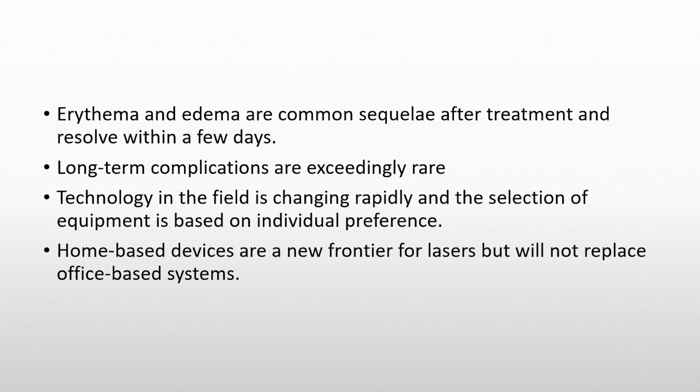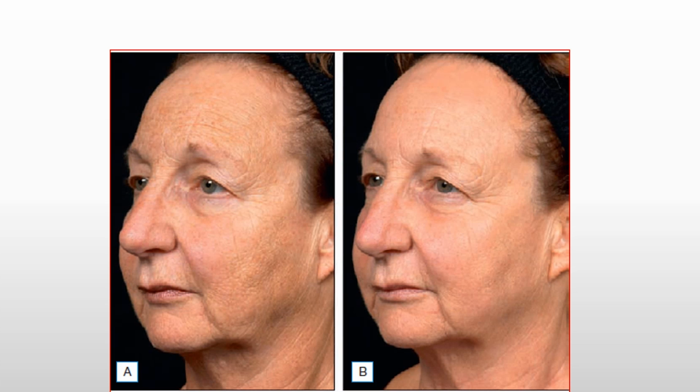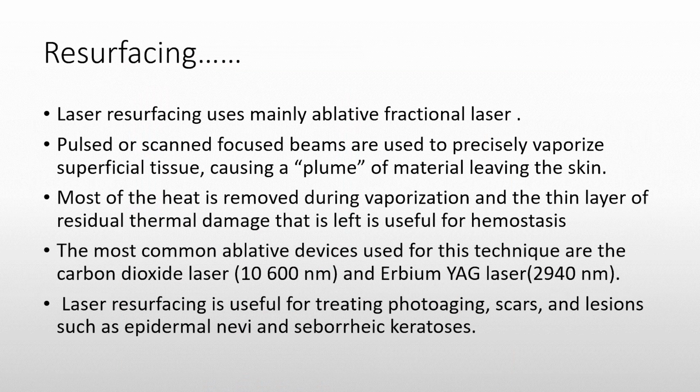Moving on to resurfacing, laser resurfacing uses mainly ablative fractional lasers. Pulsed or scanned focused beams are used to precisely vaporize the superficial tissues, causing a plume of material leaving the skin. Most of the heat is removed during the vaporization, and a thin layer of residual thermal damage that is left is used for hemostasis.